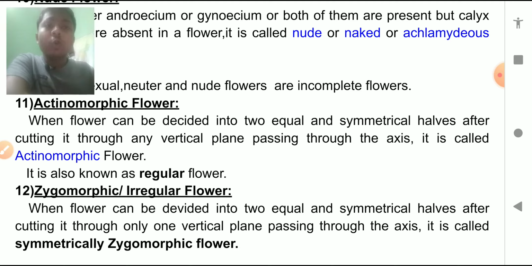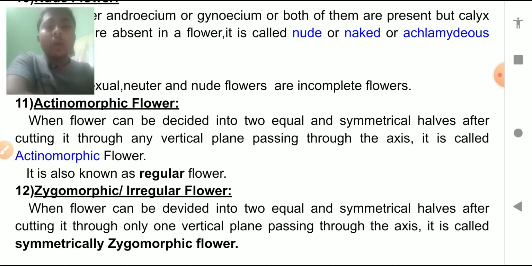I hope you all know about vertical plane, because in the previous video I already discussed what a vertical plane is and how many vertical planes are present in a simple flower. These are all imaginary planes, and if you want to know about this, you can check the description.